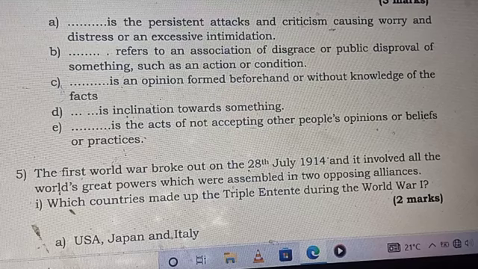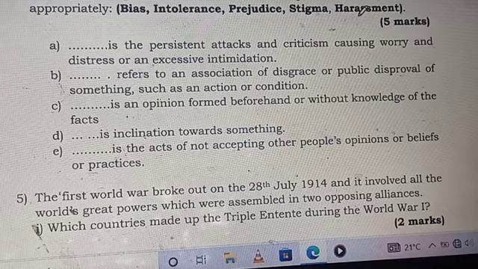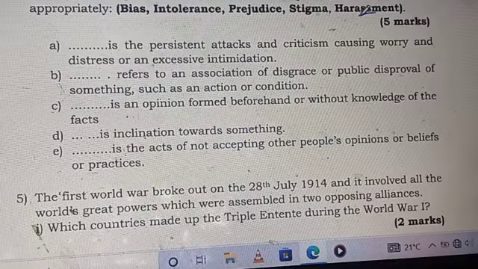Which one is the best? The best one is this one: harassment, as a repeated intimidation.